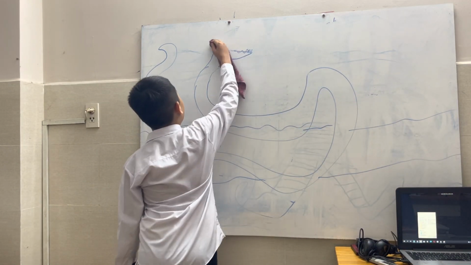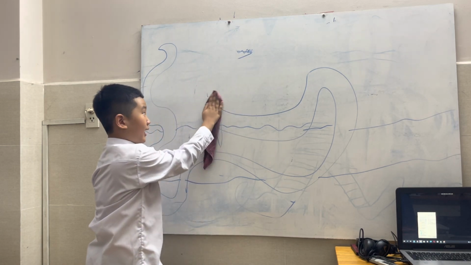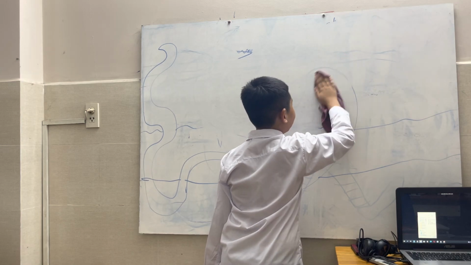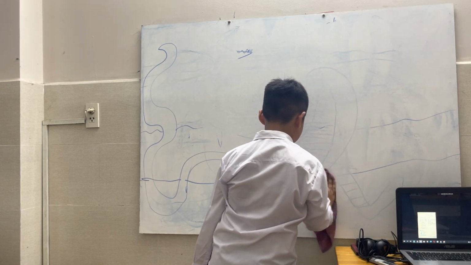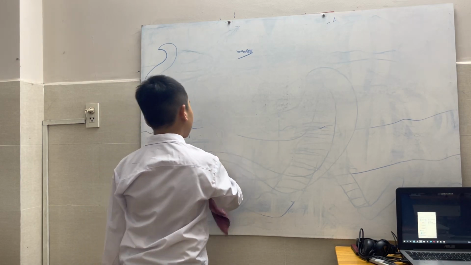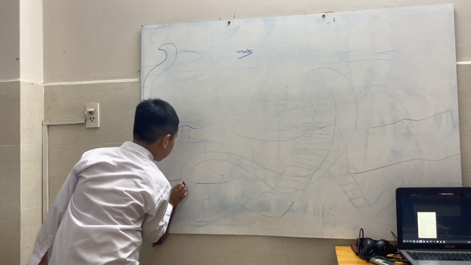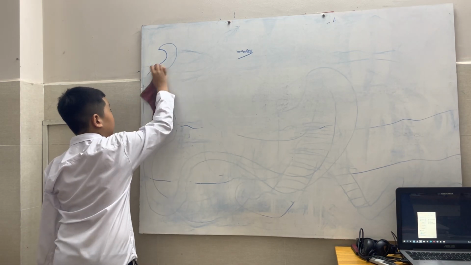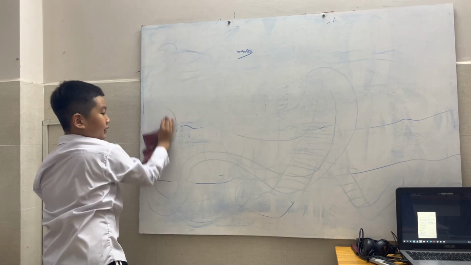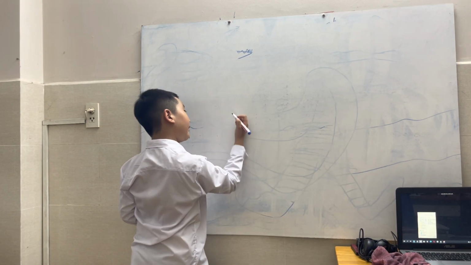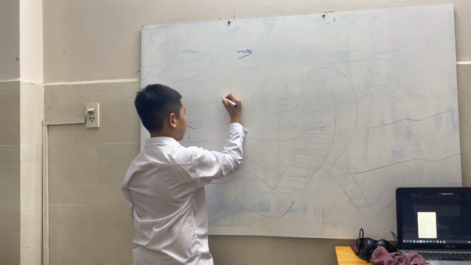I think the Titanoboa was a little bit hard to erase. So that's one animal in the habitat that lives in both habitats. Now I'll ask you another animal that only lives in one habitat. Do you know what is that animal? Well, you'll see. Not really good at drawing it, but I'll just make it like this.